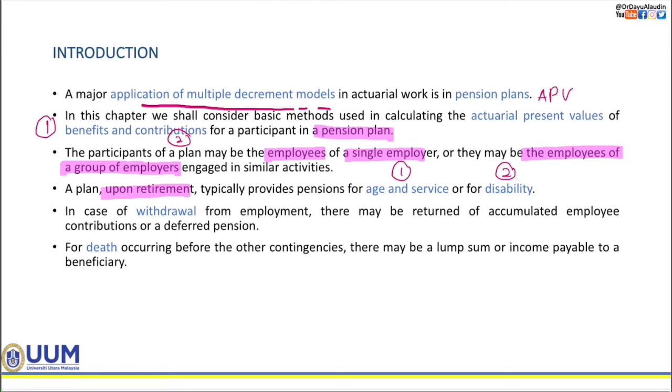In case of withdrawal, there may be a refund of accumulated employee contributions or a deferred pension. For death occurring before the other contingencies, there may be a lump sum or income payable to a beneficiary. So this is death before the retirement age, during the service.